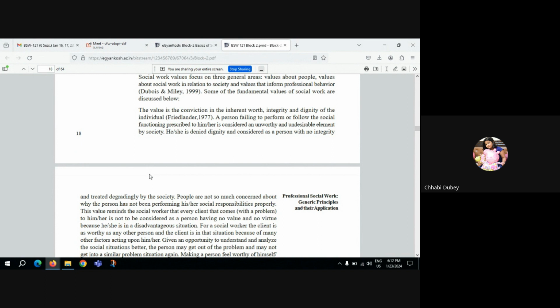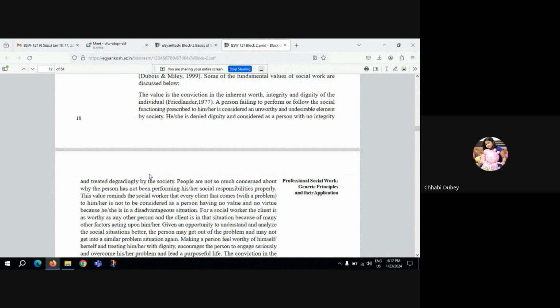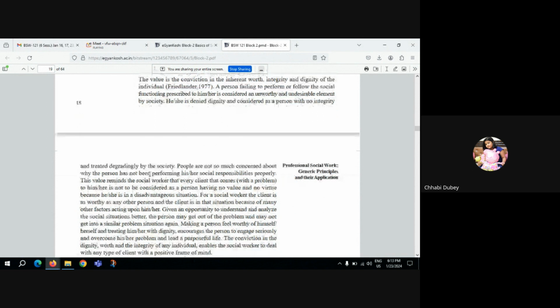So for a social worker, we have to understand that our first responsibility towards the client is considering that the person is also worthy, and he or she needs to be treated with that dignity and inherent worth. Given an opportunity to understand and analyze a social situation better, a person may get out of the problem and may not get into a similar problem situation again.